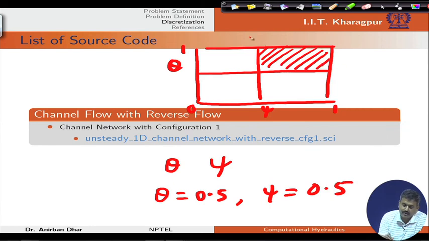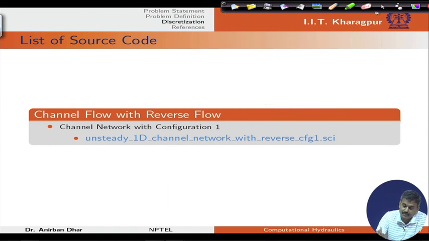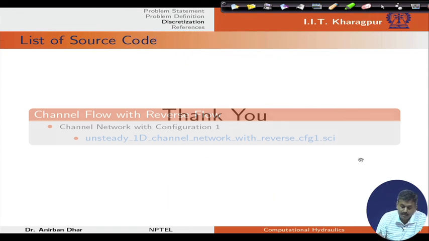That means, if both the values are more than 0.5, then I have an unconditionally stable situation, but check what the solution is if I change the values or I decrease one value with respect to another. Thank you.